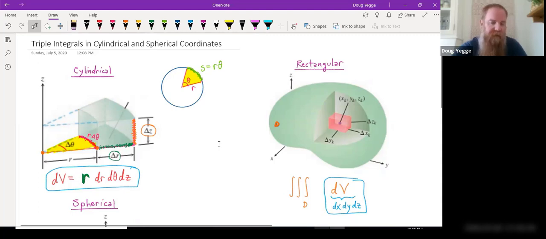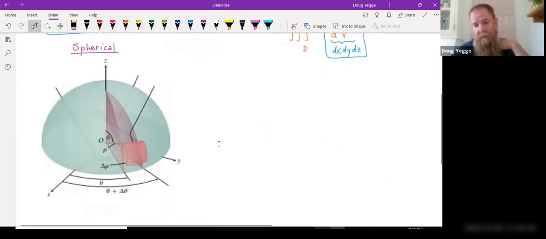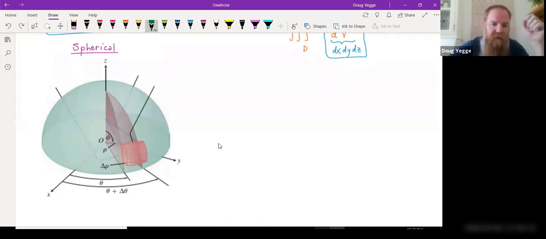Well, now for spherical. Spherical is a bit interesting as well, because what we're going to notice with a sphere, let's just take a look at this purple piece of the sphere right here. Starting at the origin, this region here has traveled through an angle of theta, which implies that this piece right here would be delta theta.